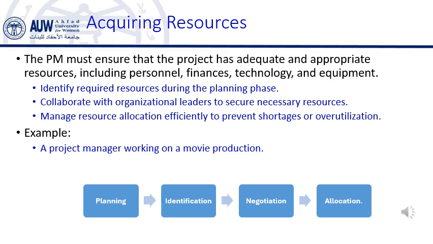Acquiring the right resources is critical for keeping the project on track, within budget, and on schedule. The PM's ability to acquire, allocate, and manage resources directly impacts the project's success.